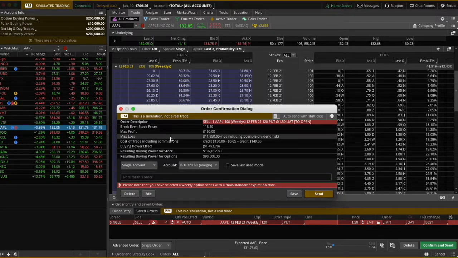And then you have the max loss here. Don't worry too much about it because the max loss will only happen in the scenario where Apple ends up at $0 per share by expiration date, which has zero to no chance of happening actually. So once you're ready, you just click send.